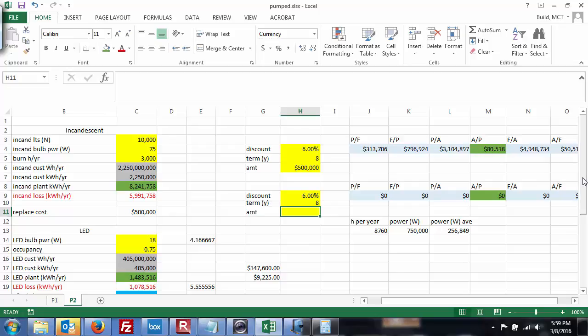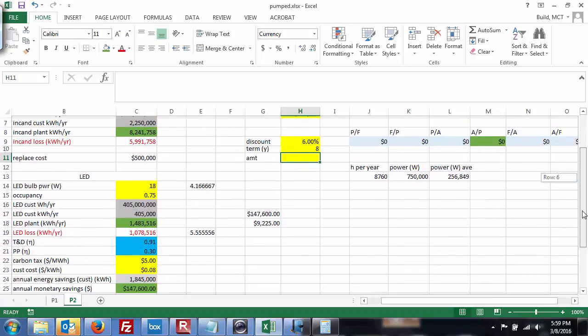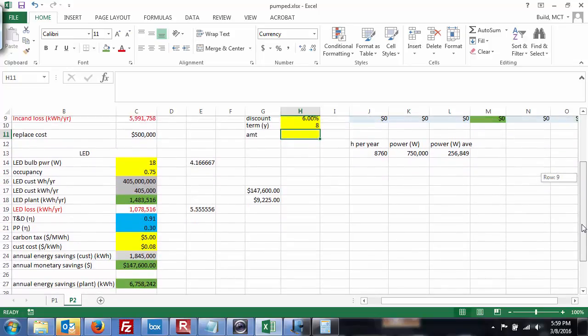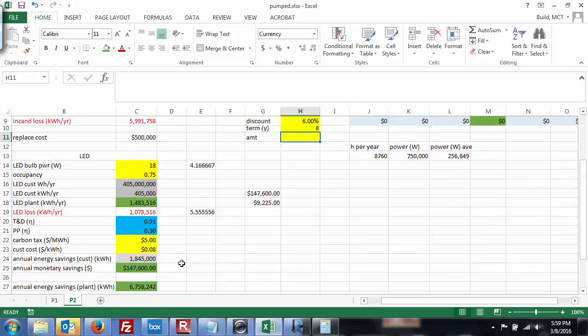Now we're getting into what's going on inside the utility's brain here, I think. Right, I think we're doing a little mind reading. Should we do this? Well, so the customers are going to save $140,600 per year equals, well, this number.